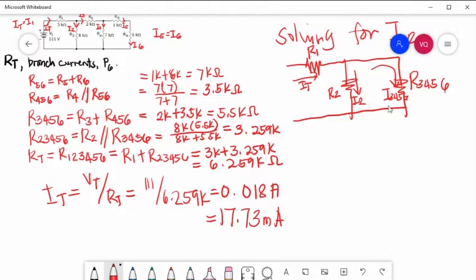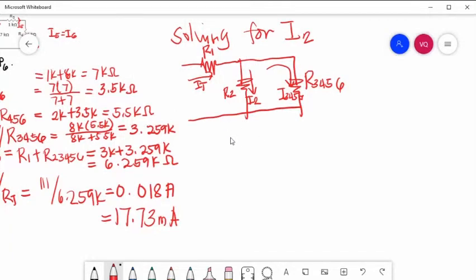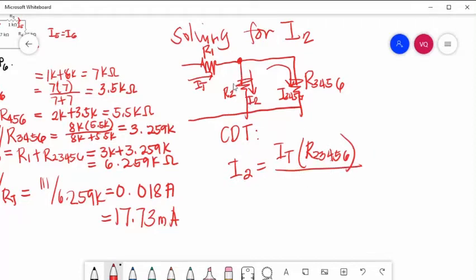Solving for I2 using the current divider theorem, I2 is equal to the total current, which is the supplying current at this node, multiplied by the total resistance, which is the parallel combination of these two parallel resistors, R2 and R3456, already calculated as R23456, divided by the resistor R2.